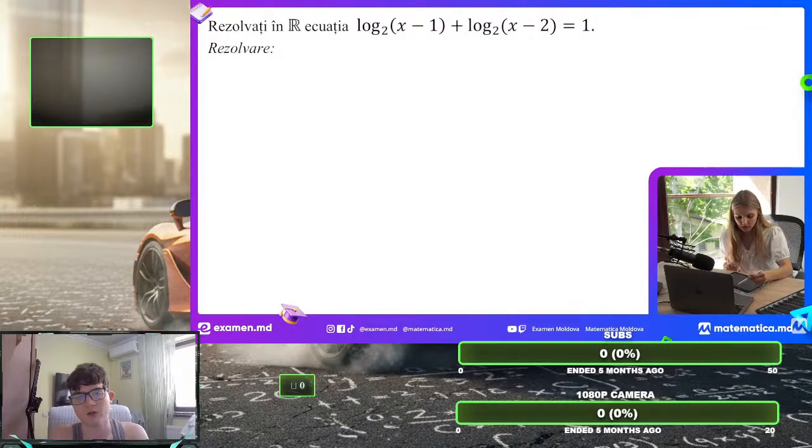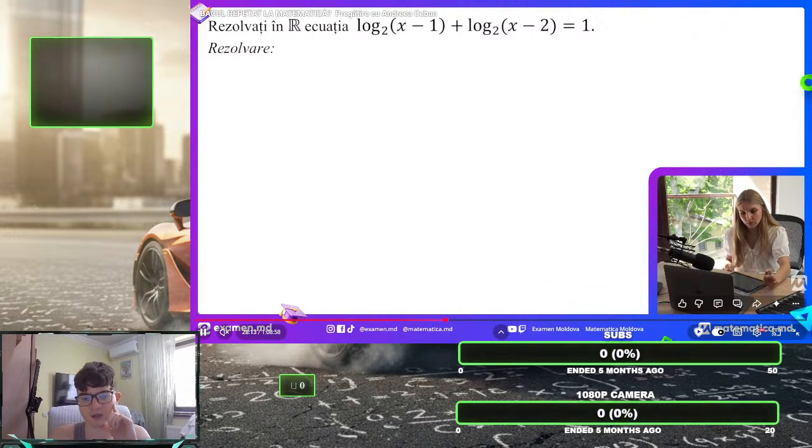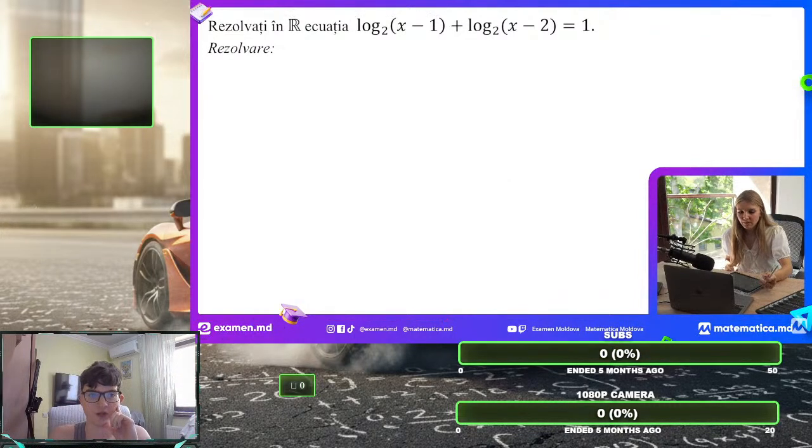No, look, we have the same base, so we should multiply them, right? LOG2 is going to be x minus 1 multiplied by x minus 2, in parentheses, equal to 1, perhaps like this. And again, I'm not sure about the domain values.